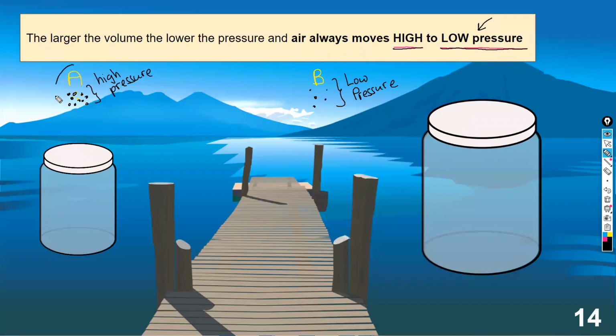So since the pressure at A is high and the pressure at B is low, the air particles will move from A to B. As simple as that, right? That is what we call a passive process. I would have used that word last week, meaning that without you doing anything, the air will naturally move from high pressure into low pressure.